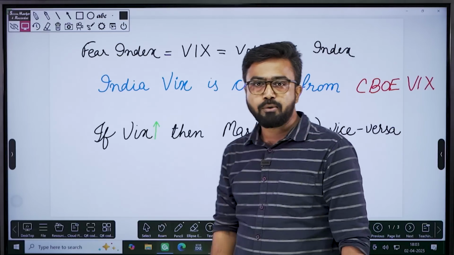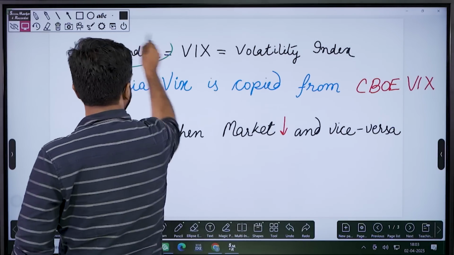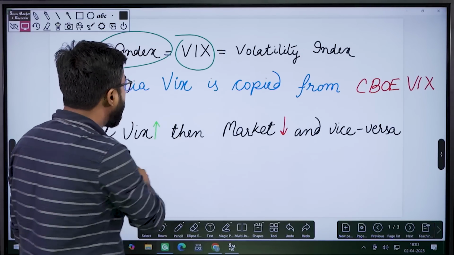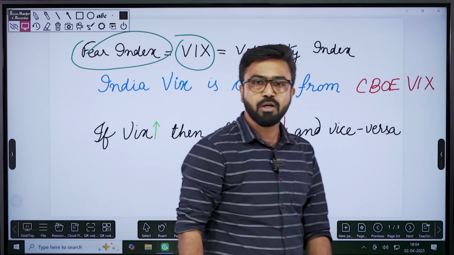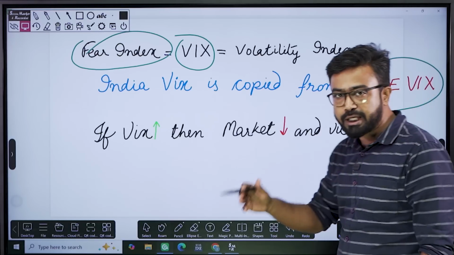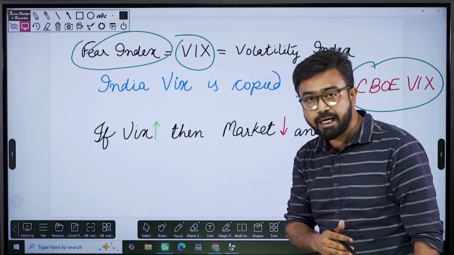So it's all about the fear index, right? What is the fear index? It is basically the volatility index, VIX, and India VIX is copied from CBOE VIX. CBOE VIX is the Chicago Board Options Exchange Volatility Index.